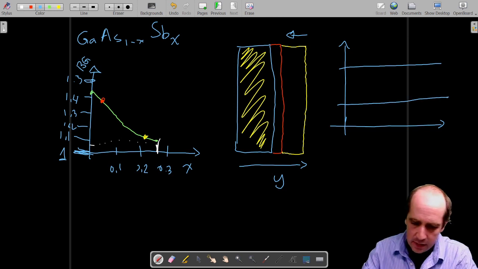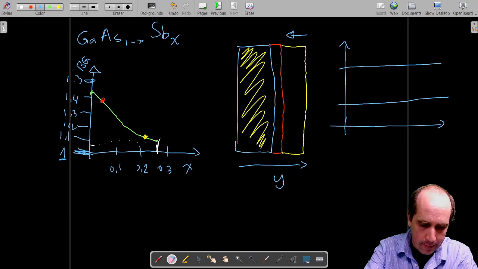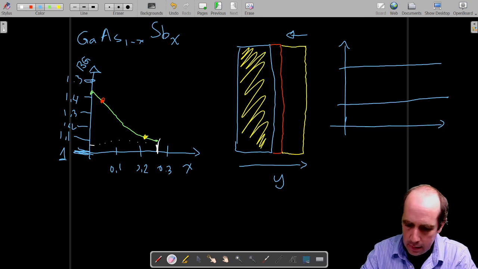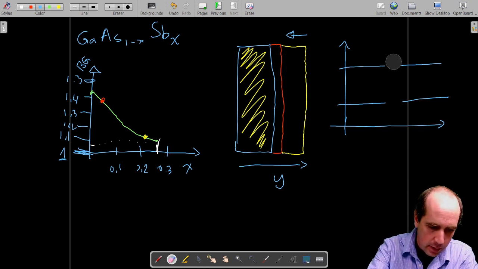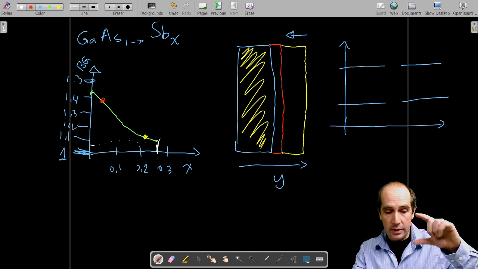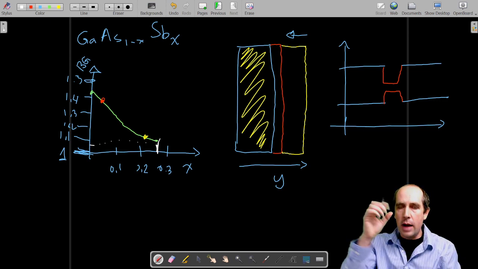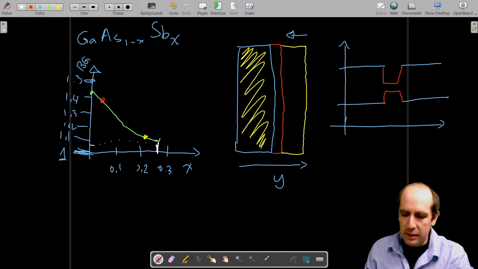And in this region in the middle, the red zone, there is an area where the band gap is actually smaller. So the bands will look like this now. The band gap will get narrower in that bit.